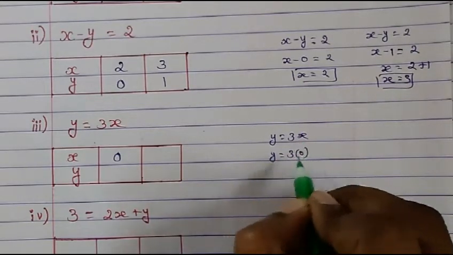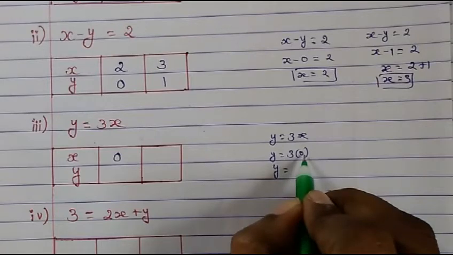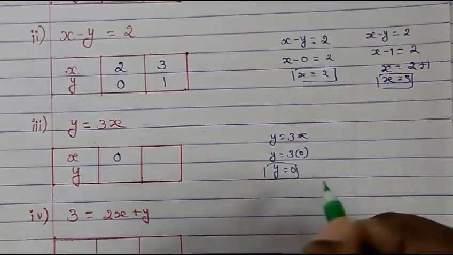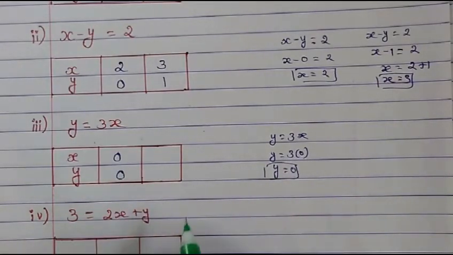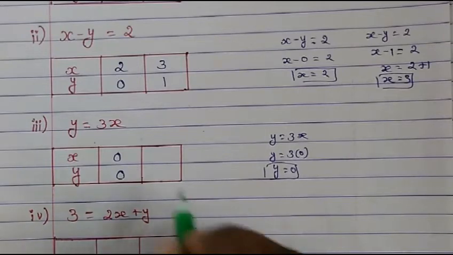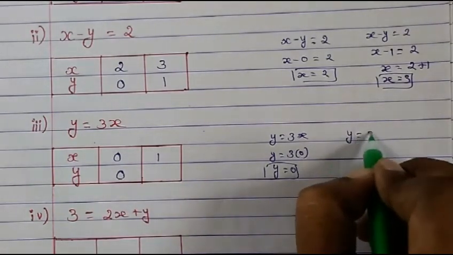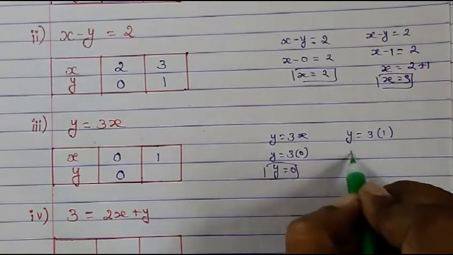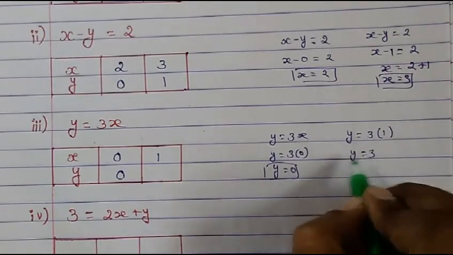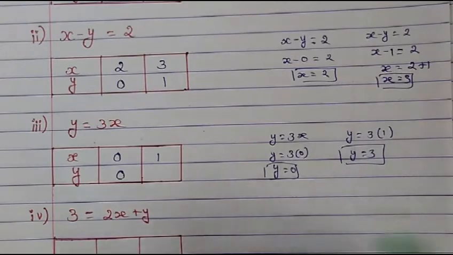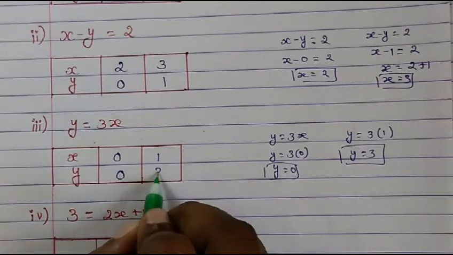If I am taking 0, then y, 3 into 0 will give me 0. So y also I am getting 0. Now next x I'll take as 1. Then y equal to 3 in the place of x, 1. 3 into 1 will give me 3. So if I take x is 1, then y I am getting 3.